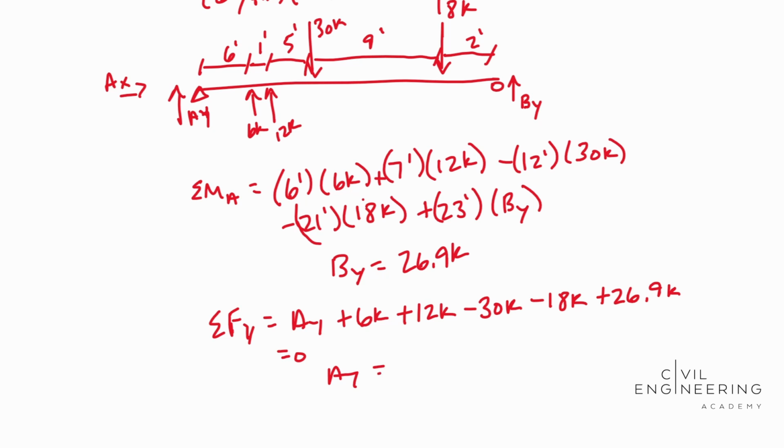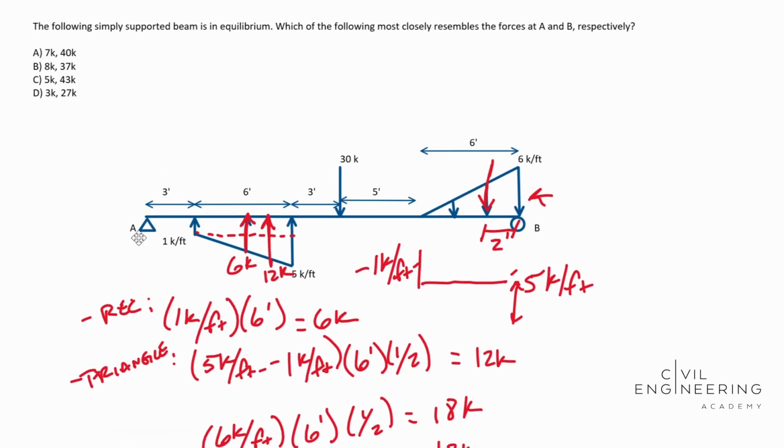So AY is equal to 3.1 kips. Boom, boom. This is just about 3 kips, and this is just about 27 kips. So let's scroll up and see which answer that one is. 3 and 27, and it looks like that's going to be D.